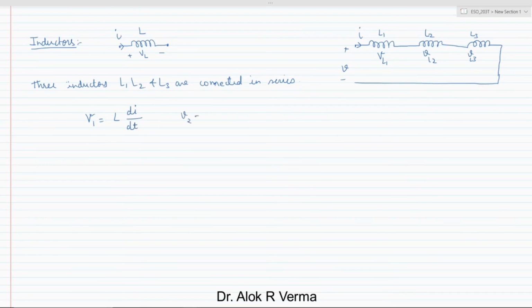Similarly, V2 is L2 di by dt, and then V3 is L3 times di by dt. Okay, because the current is the same in series.